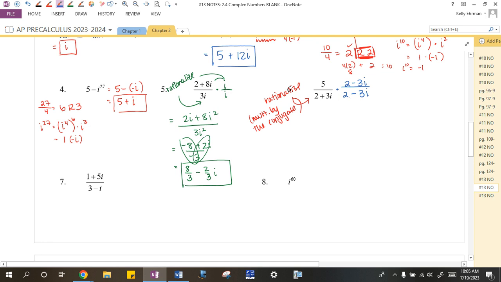When I multiply these two conjugates in the denominator together, I should be left with no terms containing i in the final answer. So let's do the multiplication. First, multiply 5, distribute that through 2 minus 3i, so 10 minus 15i. And then when you multiply your conjugates together, 2 times 2 is 4.